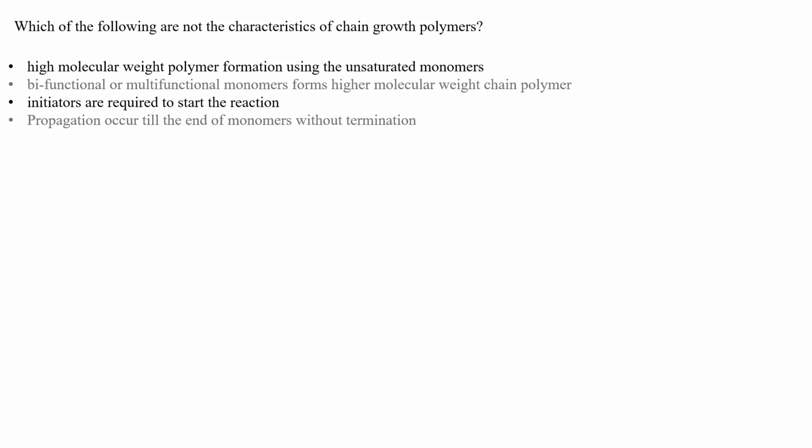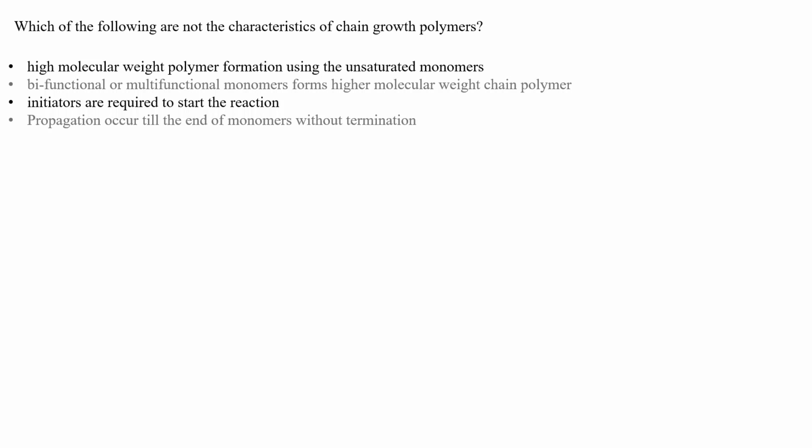Because with multiple functionality of a monomer, it will either go into cross-linking mode or form much more branching, because multifunctional monomers won't necessarily increase the chain length, but will make the polymer more spread out. That is because there are different active sites on the monomer itself.